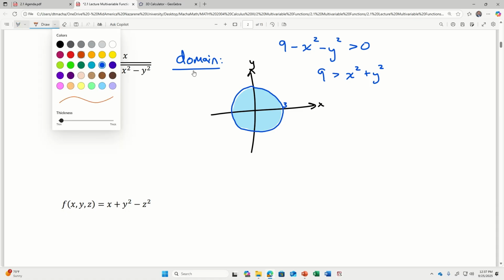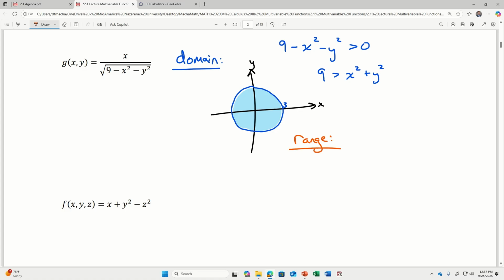Ooh. Okay. Now what about the range? What's the range of this function? Just be positive 3, negative 3.